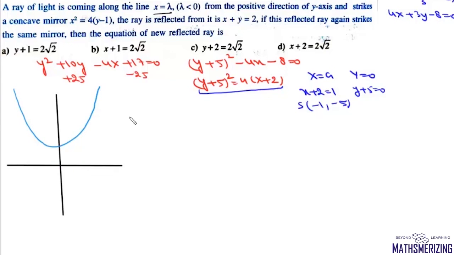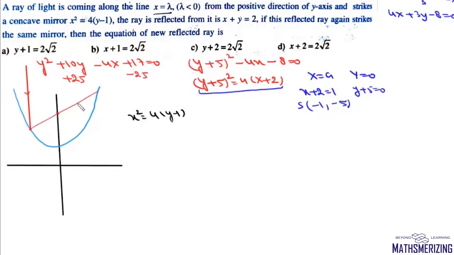Now a ray of light is coming along the line x equals lambda, where lambda is less than 0.